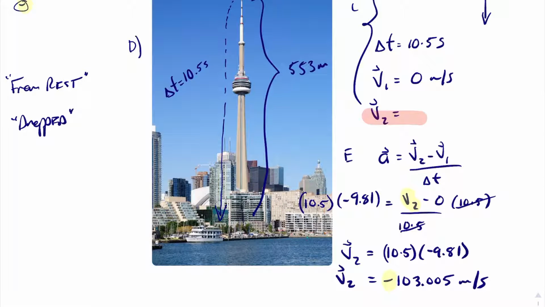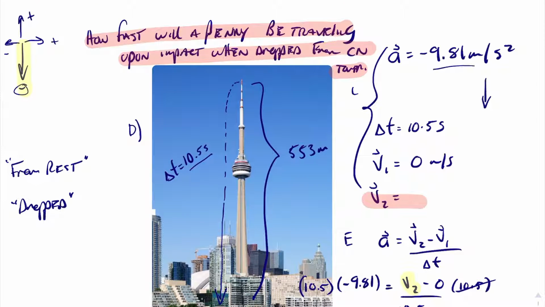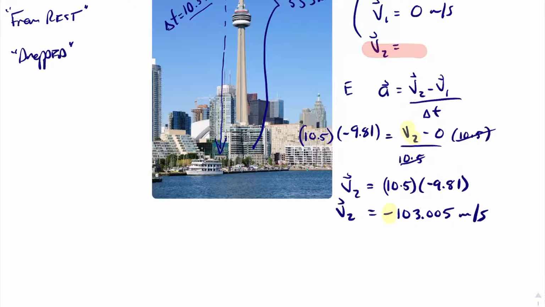Not quite done though, we have to observe some significant digits. When we look at our data, we've got 3 significant digits there, 3 there, so our answer can have 3. So I'm going to round this off, so v2 equals 103 meters per second, and because it's a velocity, down. Now look at this, because I've said down, I don't have to put the negative sign.